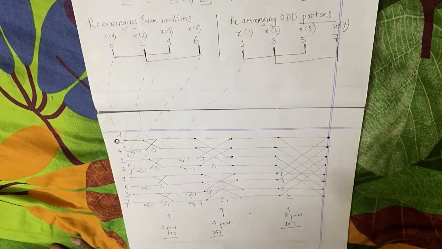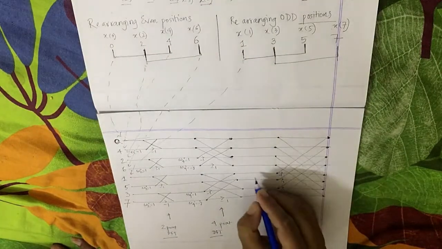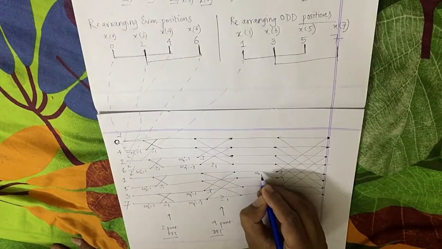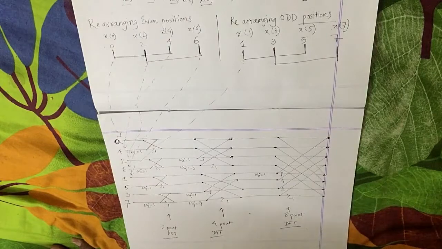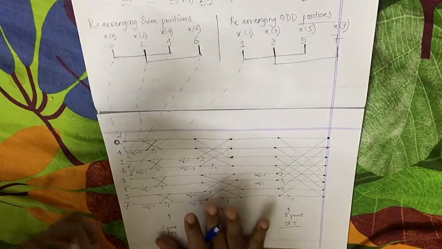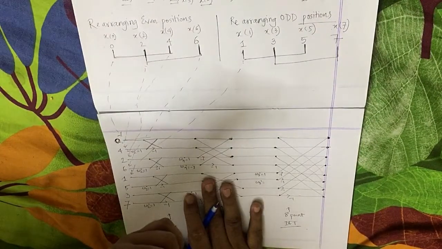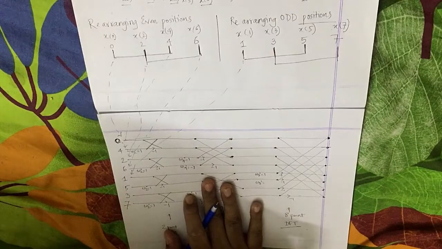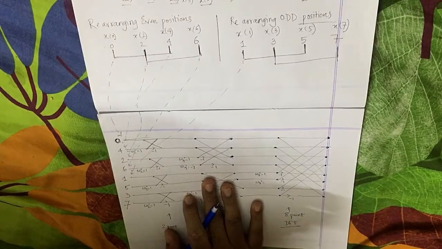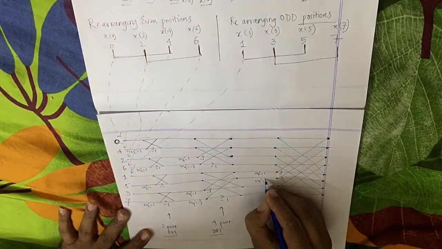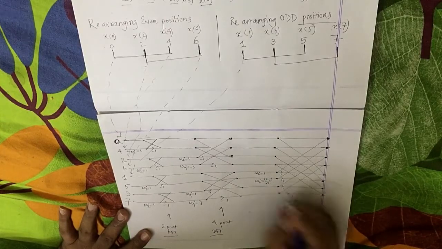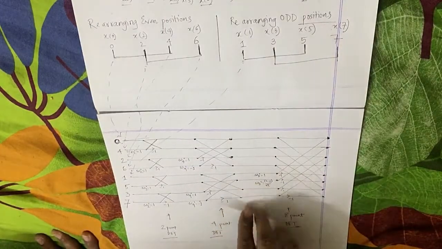Another thing I have missed out, that is the twiddle factor. We have to write down the twiddle factor somewhere here. It's an 8-point DFT, so W8 to the power 0 is 1. W8 to the power 1 is, so now there is a problem. W8 to the power 1 is how much? Can you tell? This is 1 minus j over root 2. So this value you need to remember.